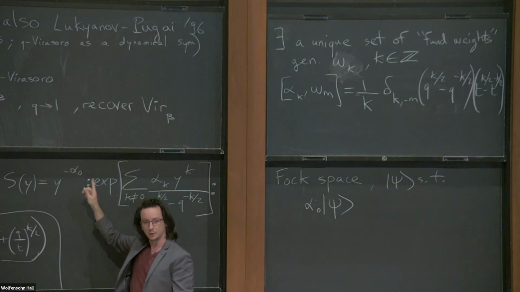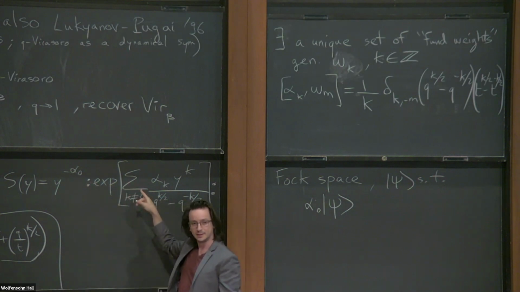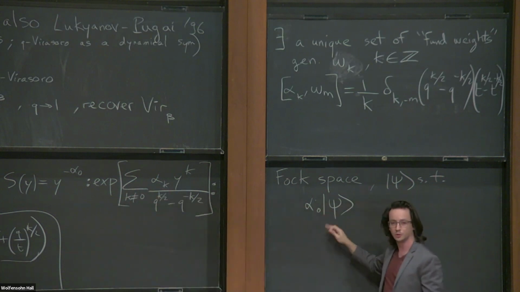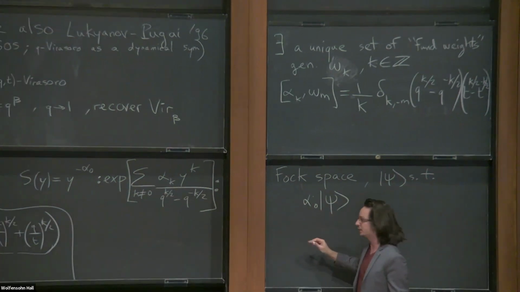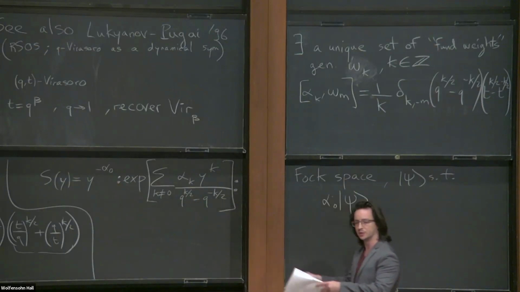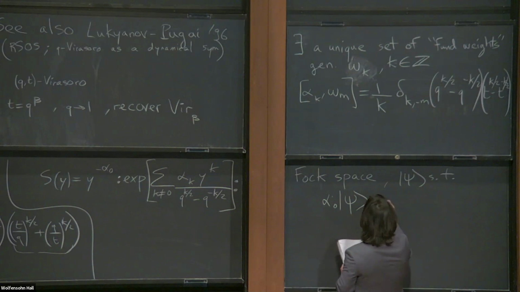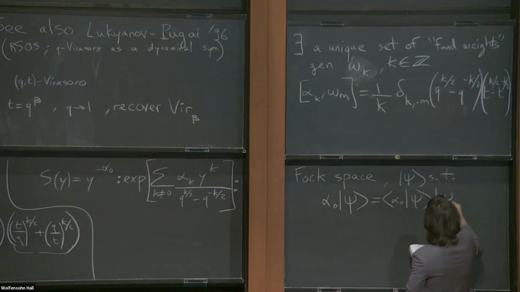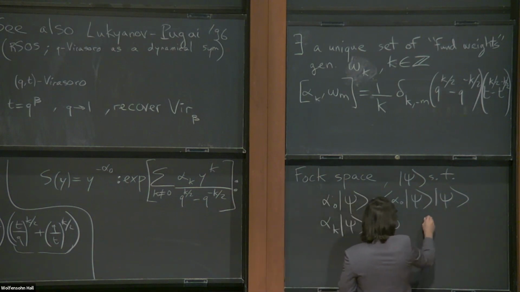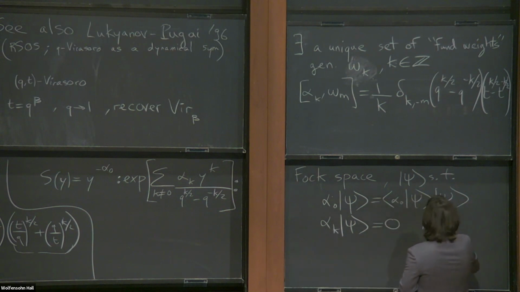There's also one that should go like log of y. This will only redefine the value of this vacuum. So up to this redefinition, I really don't need it, but I'm keeping the 0 center of mass position. And when you act with alpha k on such a state psi, you should get 0 for k positive.